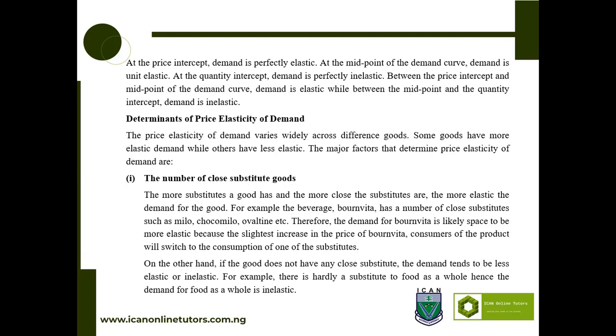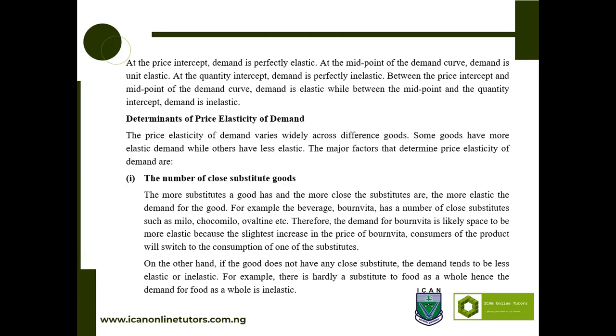So if there is an increase in the price of Bonvita, consumers will look at a substitute good that has the same value, the same taste. So from Bonvita, consumers can move on to what? To either Milo or Ovaltine.